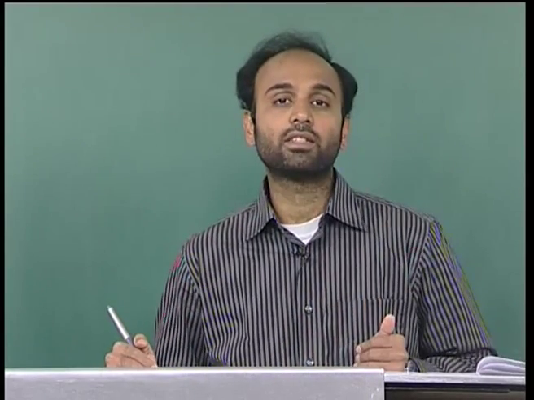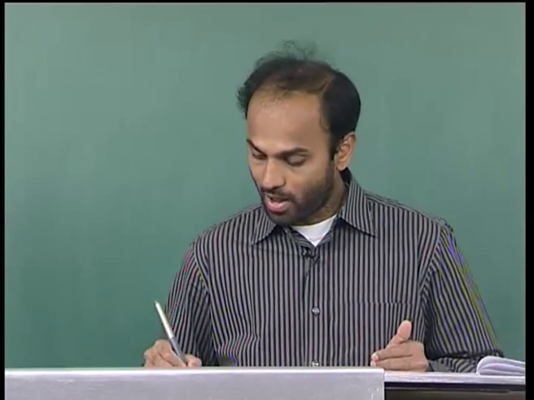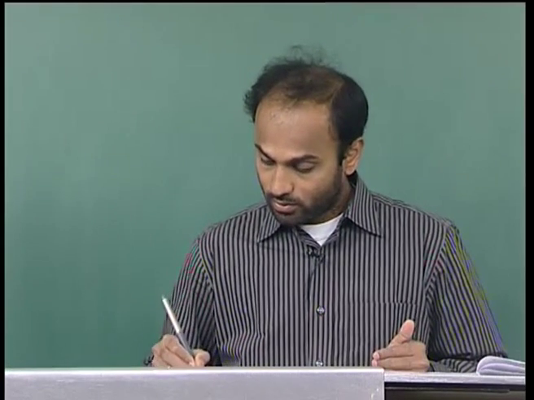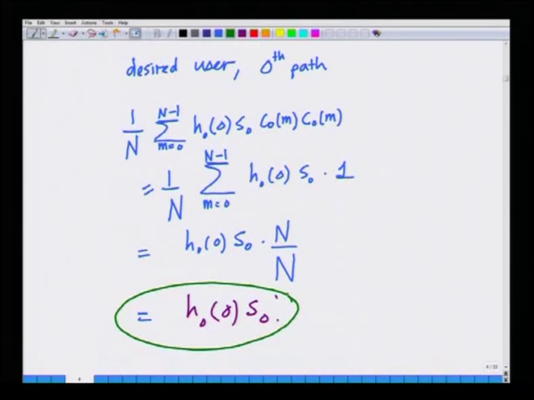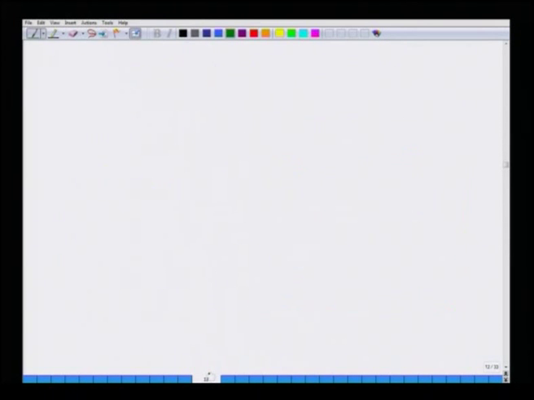So, now the system model we have, remember going back, the signal is still H0 S0 corresponding to extracting the 0th component. Finally, after you extract the 0th component, it looks like R 0 equals H 0 0 S 0 plus W 0. This is the noise plus interference component.